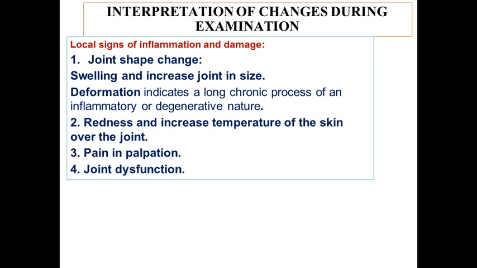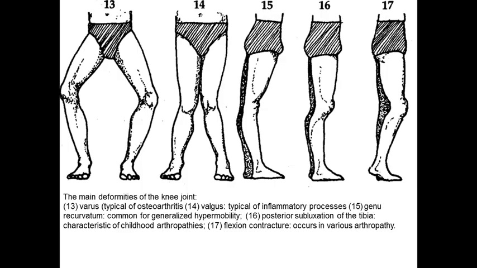Also, you should be able to find redness and increased temperature of the skin over the joints. And also you should palpate and assess whether there is any pain during palpation and joint dysfunction. There are many deformities of the knee, and during observation you can find these deformities.